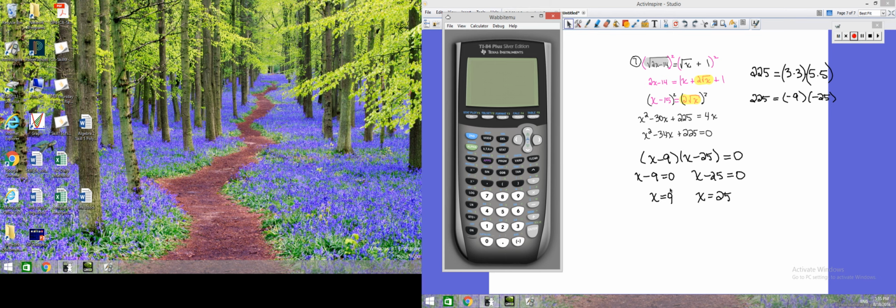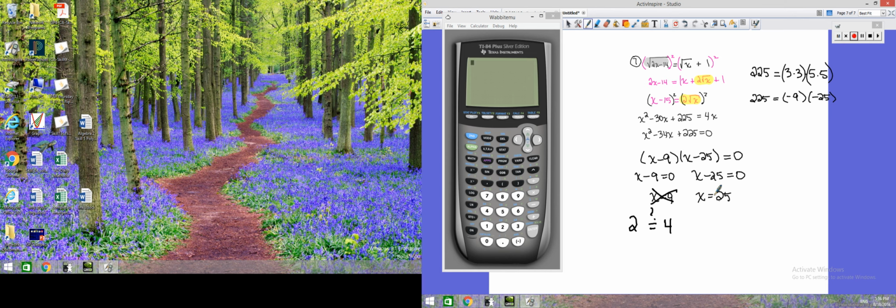Well, 2 times 9, I guess I don't need the calculator. 2 times 9 is 18, and 18 minus 14 is 4, and the square root of 4 is 2. So on the left-hand side, when I plug that in, I'm getting a 2. Now on the right-hand side, will I also get a 2? No, because the square root of 9 is 3, and 3 plus 1 is 4. So I don't believe this guy checks. Did I do that right? Yeah, 18 minus 14. I don't think that guy checks.